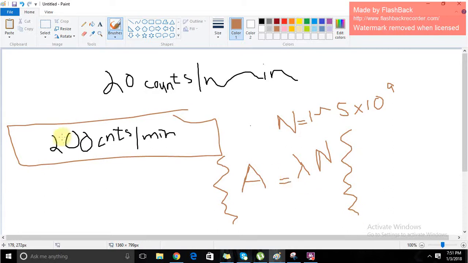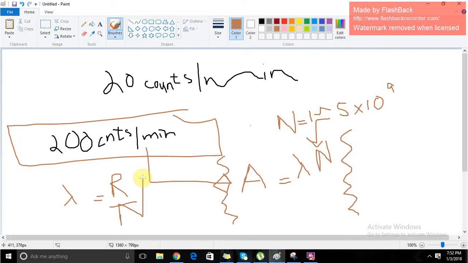So if we put this over here and we put this over here, lambda would simply be R over N. They're basically the same stuff. Getting confused over them is not a good idea.